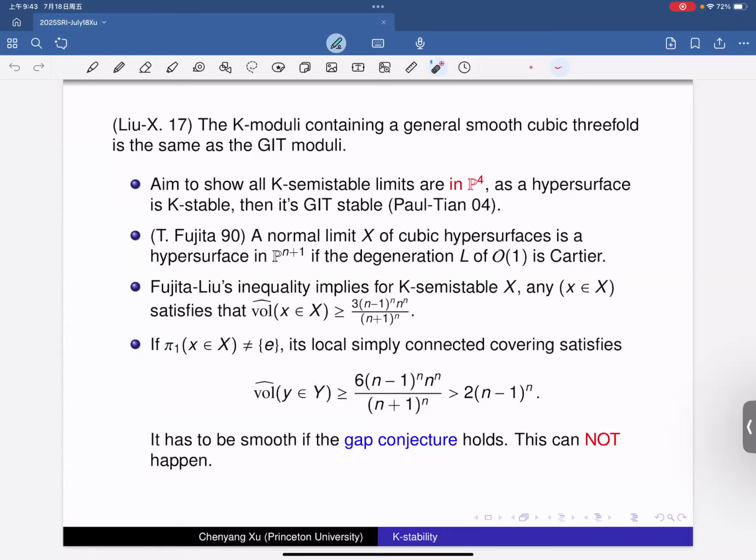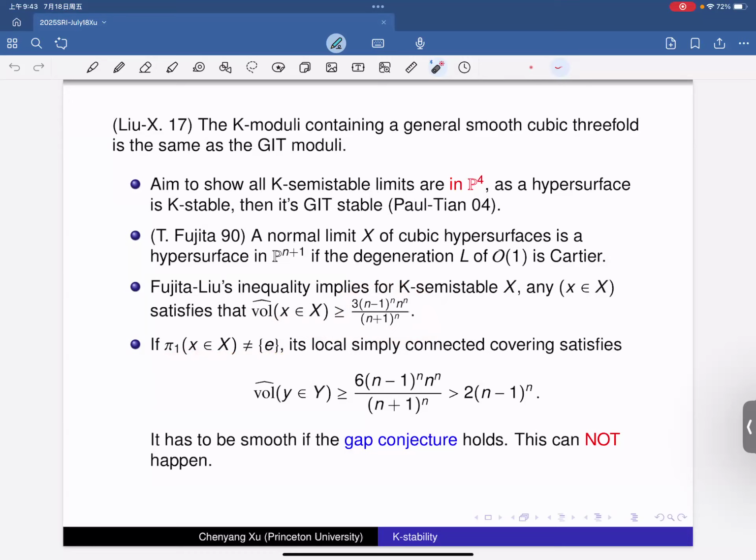And the Fujita-Liu inequality, which I mentioned a few minutes ago, says that if X is K-semistable, on the limit any singularity has to satisfy this inequality. Here I just use the fact that I know the volume of a cubic hypersurface. If my goal is to show that L is Cartier, then if the local pi1 is trivial, that's definitely good enough.